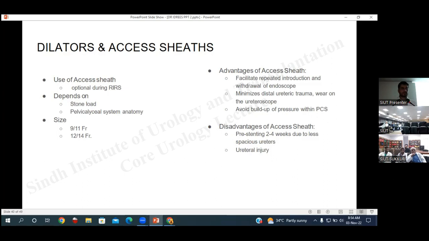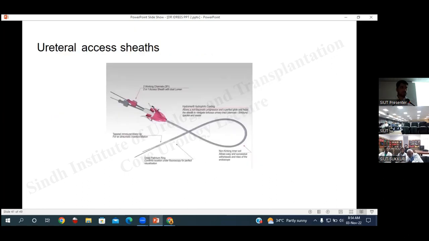And this stricture segment is usually very long, and you have to do something otherwise. That's why pre-stenting is necessary in every case. Yes, sir. I suggest post-operative stenting is also important after placement of the ureteral access sheath, because that can reduce complications post-operatively.